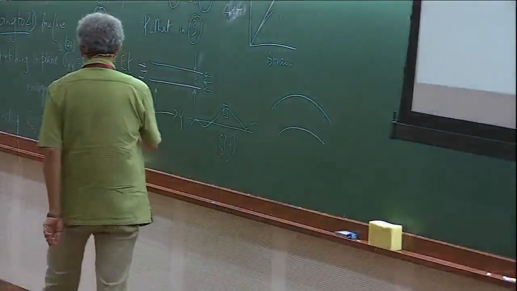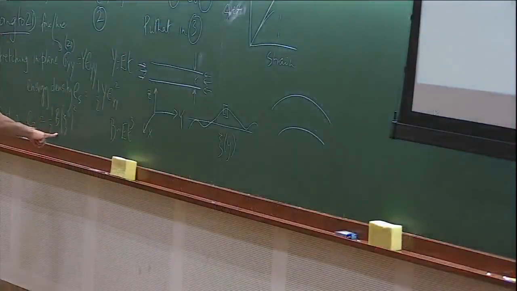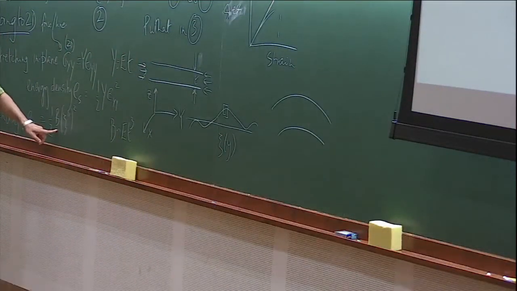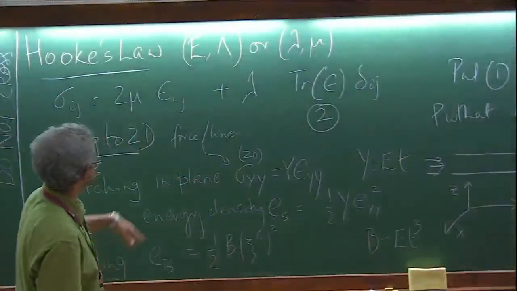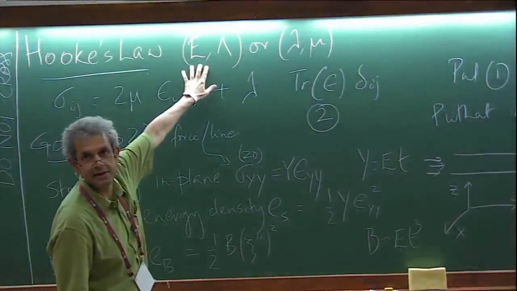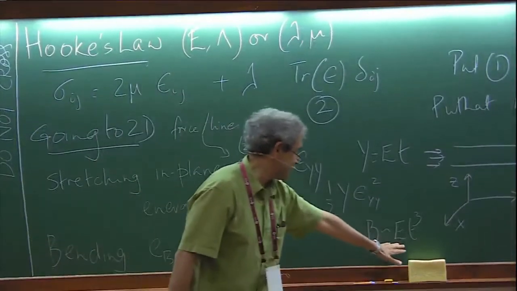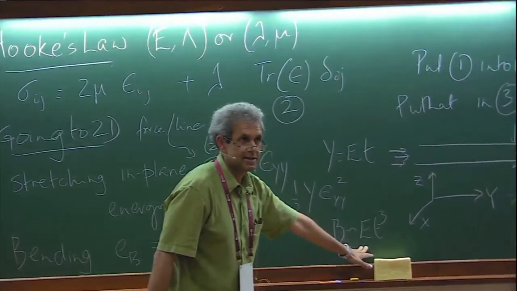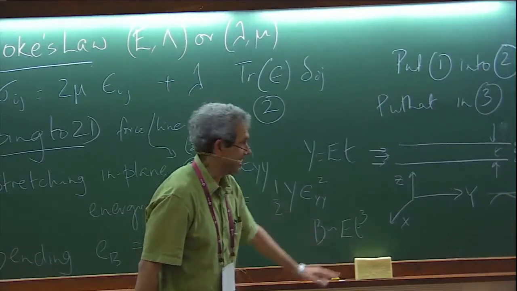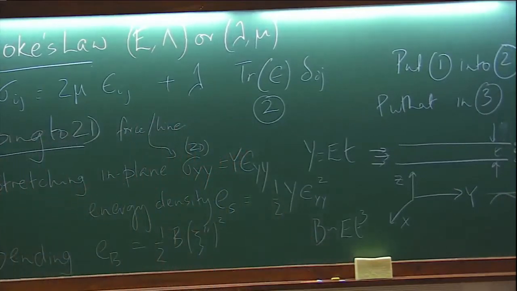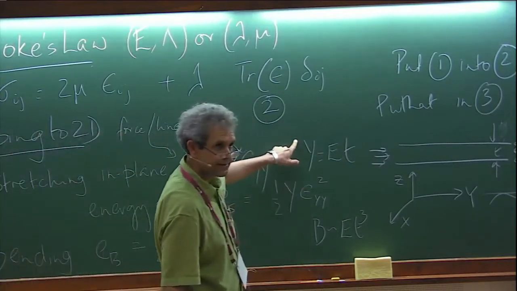Okay? So that's what we wrote over here. And then we did dimensional analysis to say, well, this B, what can it depend on? It can depend on these 2 numbers, and it can depend on the thickness. The only dimensionally correct thing is thickness cubed. And the thing I asked you to realize at that point is that these are dimensionally different.